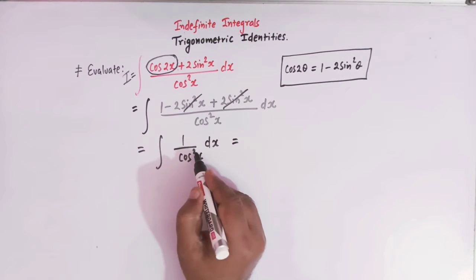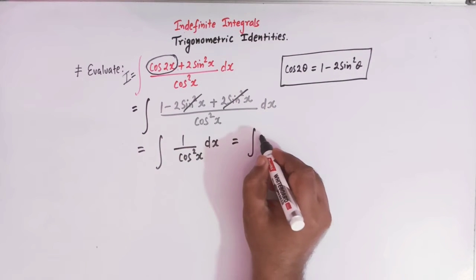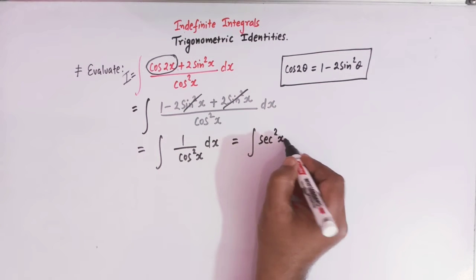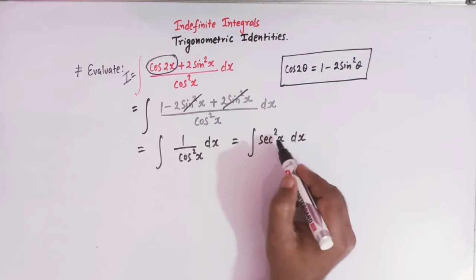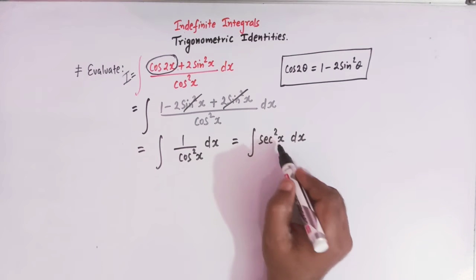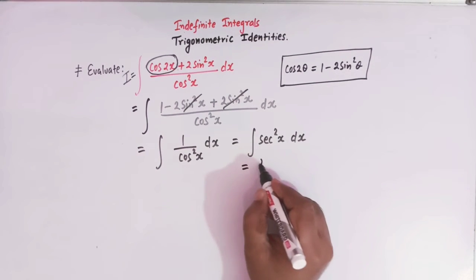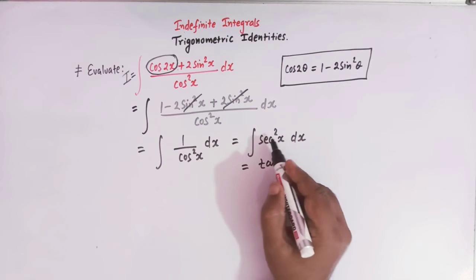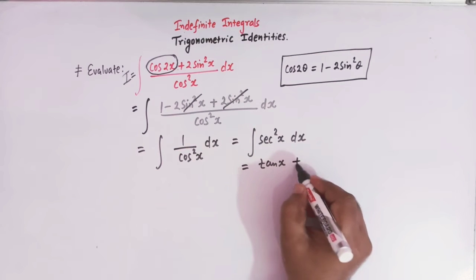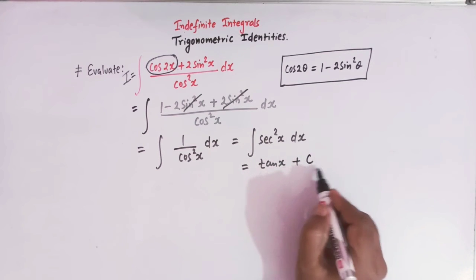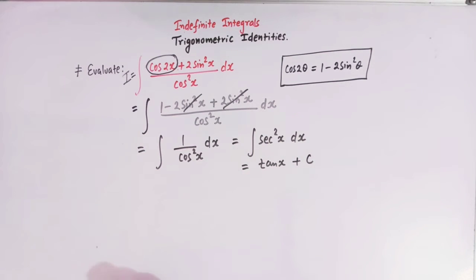And 1 over cos square x is simply secant square x dx, right? And now we know the standard result for secant square x, that is tan x, right? So the integral of secant square x is tan x, and here we have c as the constant of integration, right?